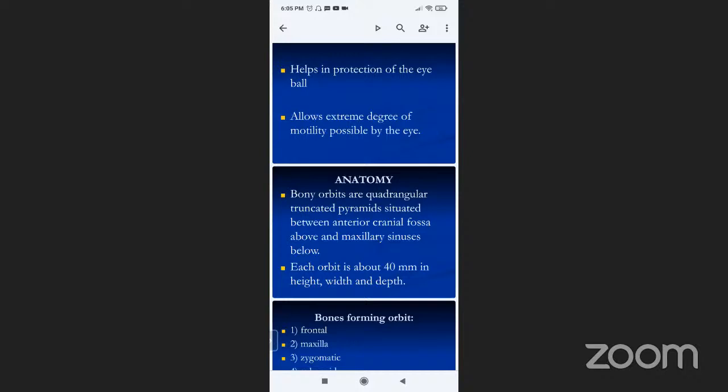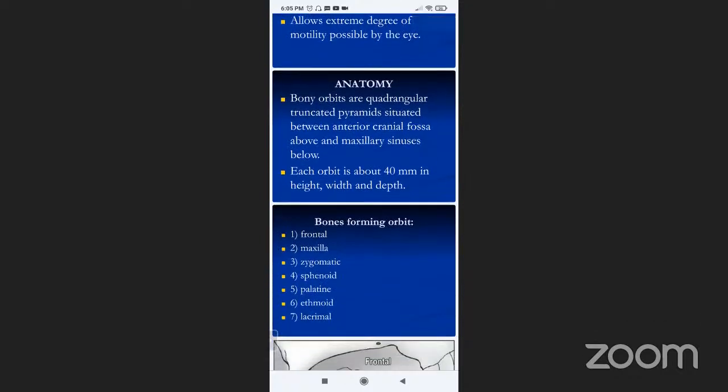The base is the anterior-most open part and the apex is the posterior-most part. Each orbit is about 40 millimeter in height, width and depth. That is an approximate measurement. There are 7 bones which form the orbit. That is, in the formation of the orbit, 7 bones participate.